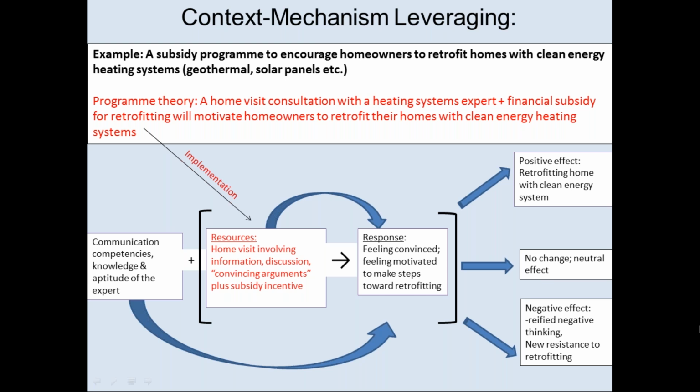Or there could be a negative effect, reified negative thinking. The homeowner could say, why do I need this? This is just unnecessary hassle for my life, which is already too busy. Or it could be new resistance to retrofitting if the whole experience was negative.